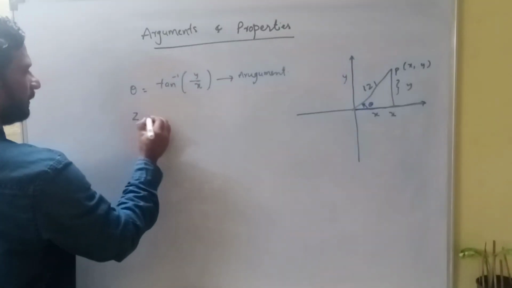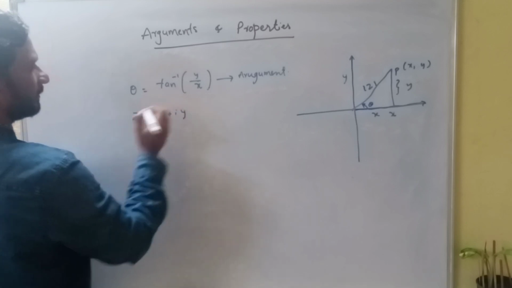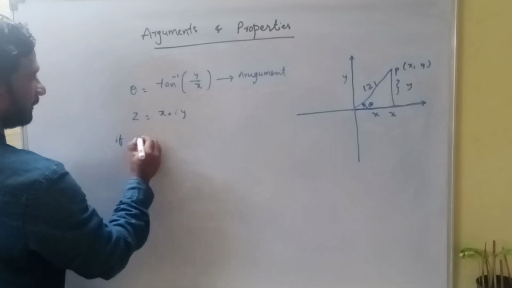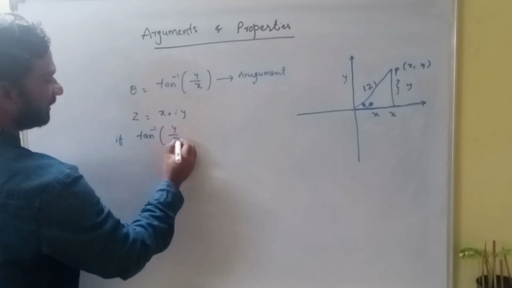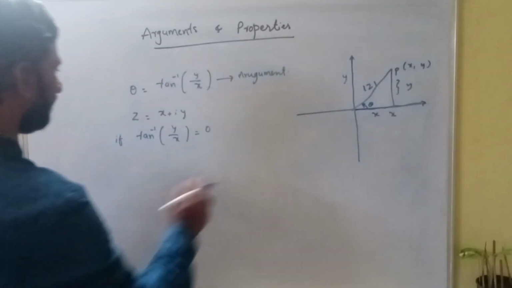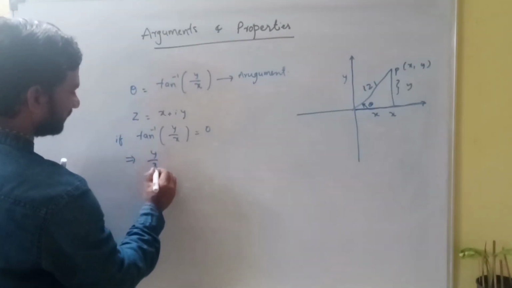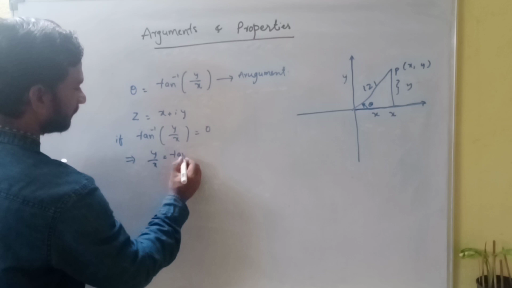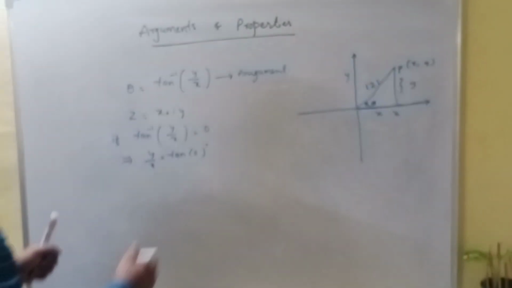Now I am taking z equals x plus iy. If tan inverse y by x is equal to 0, then y by x is equal to tan 0. Tan 0 value is how much? 0.